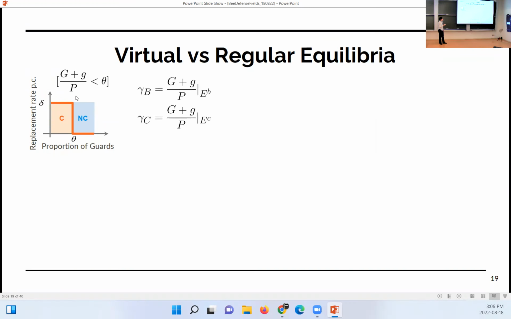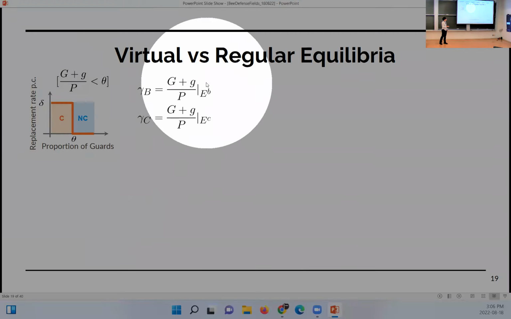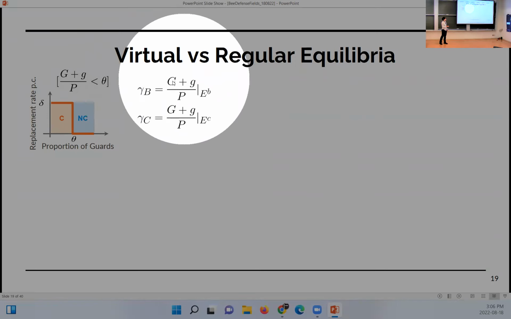So it's useful to define the ratio of guards at each equilibrium. If there is an equilibrium from the base system, base meaning there's no replacement, and this quantity is large, so there are enough guards, then it's going to be a regular equilibrium.